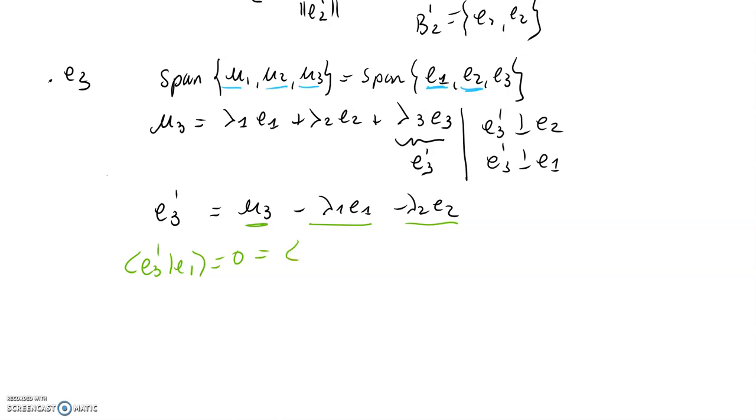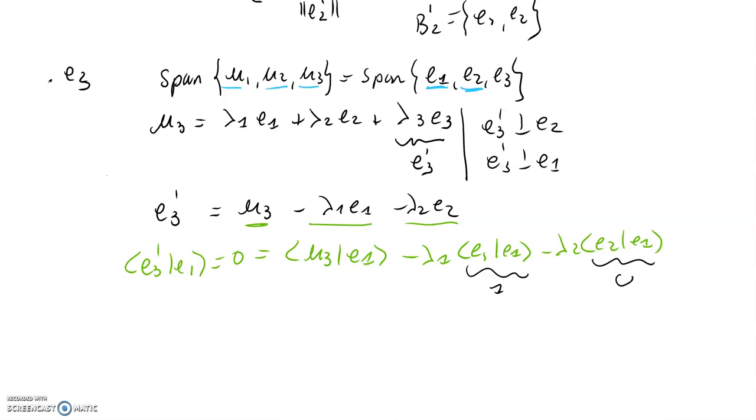That makes u3 with E1 minus lambda 1 E1 with E1 minus lambda 2 E2 with E1, which should be equal to 0. The nice thing is that E1 with E1 is 1 because that's the norm of E1, and E2 with E1 is 0 because E2 and E1 are orthogonal. That's how we build them. So we get lambda 1 is actually the scalar product of u3 with E1.